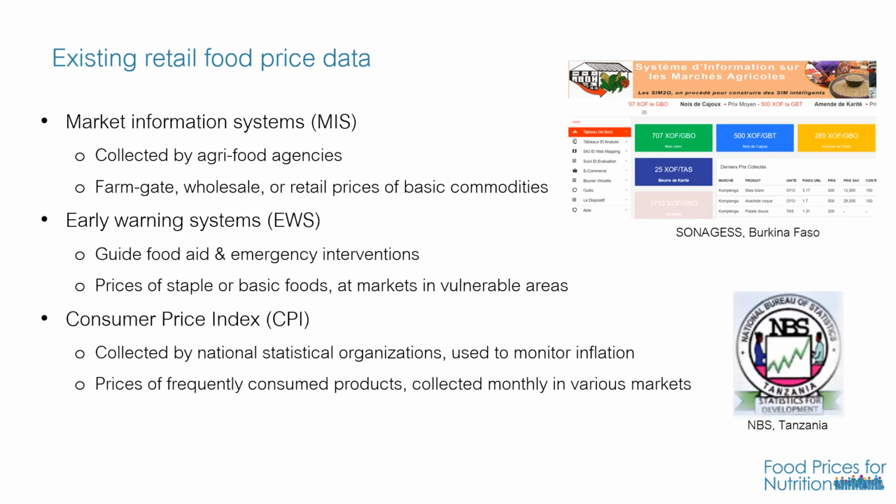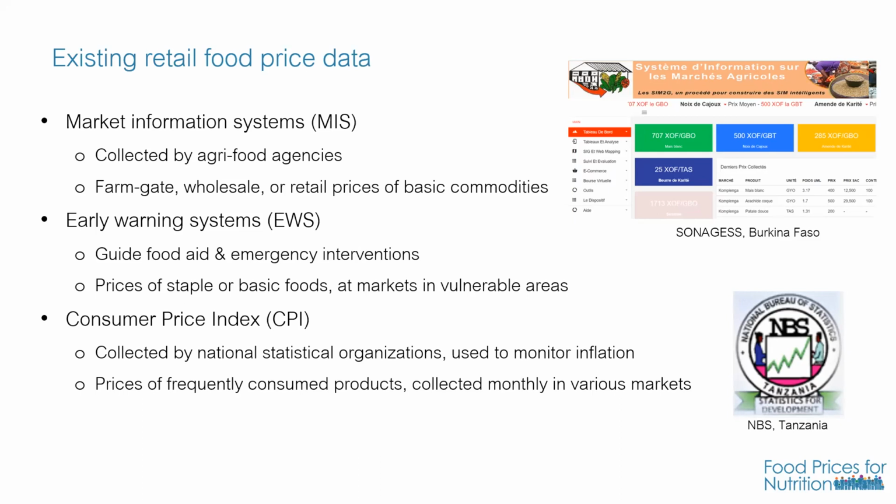And then, as Sally also mentioned, and this is really a main focus of our work at the Food Prices for Nutrition project, is the food price data that is collected by national governments for the Consumer Price Index. These food prices and other prices are collected by national statistical organizations to monitor inflation, among other things.